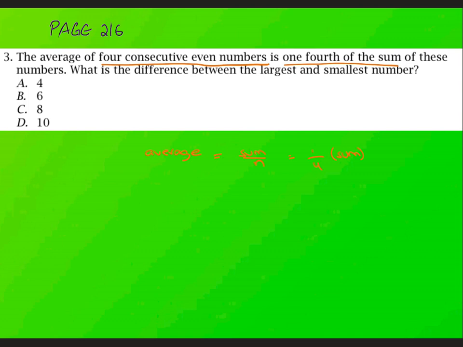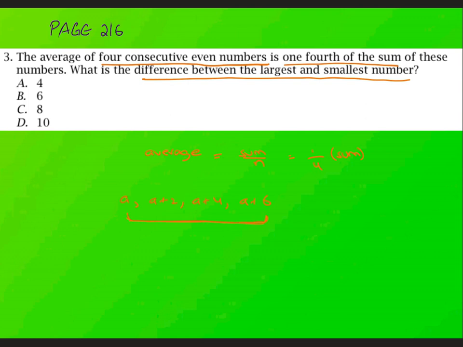What we have to find is the difference between the largest and the smallest number. So we're talking about 4 consecutive even numbers. So let's say I take a, a plus 2, a plus 4, a plus 6. Now whatever a is, it's just an even number. What we're trying to find is the difference between these two values.